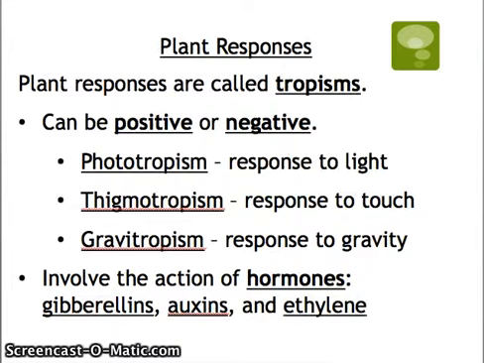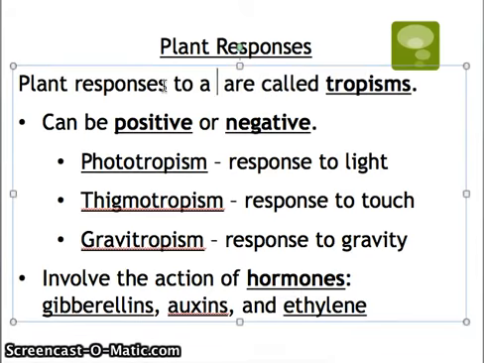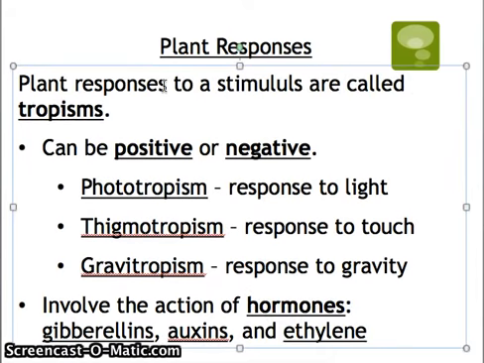Okay, plants do really weird things called tropisms. Okay? Now, a tropism is a plant response to a stimulus. Okay, so I'm going to write that down. Plant response to a stimulus. Can't spell. Okay, plant response to a stimulus. Now, those things can be positive or negative.